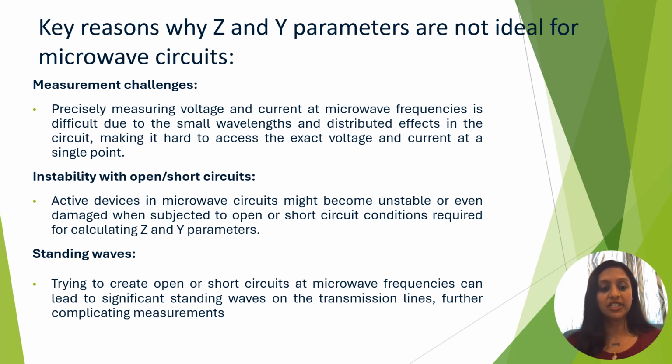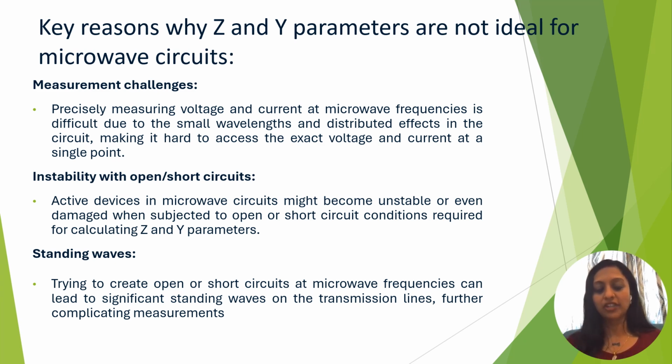One more major thing is instability. There is instability when I consider an open and short circuit. Active devices become unstable or might even get damaged with an open circuit or short circuit. So calculating them using Z and Y parameters gets very difficult. Also, when I create an open circuit or short circuit in my microwave network or system, this will lead to standing waves.